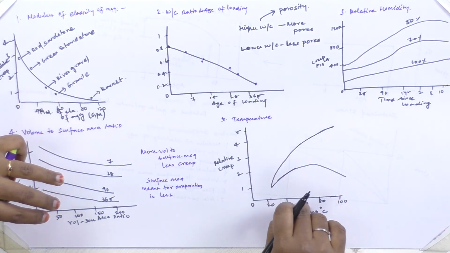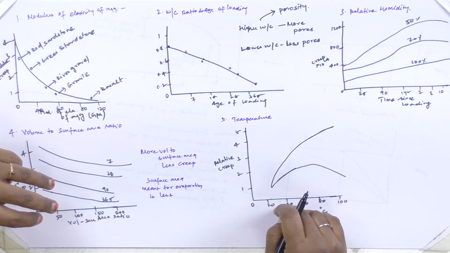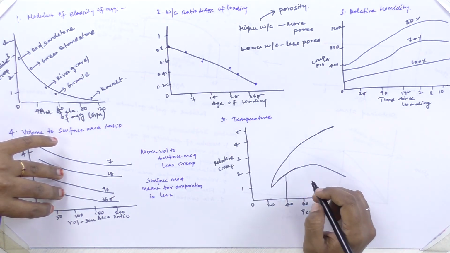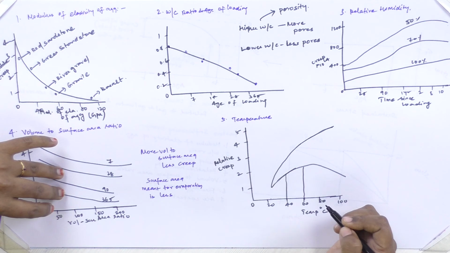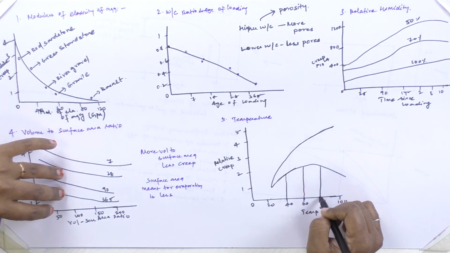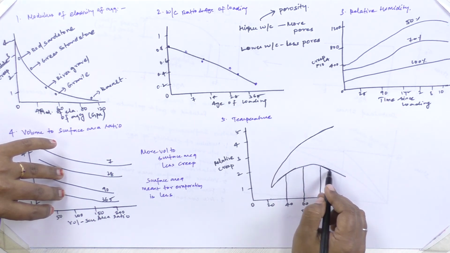If I am curing and applying load at 40 degrees Celsius, then my creep will be somewhat in this manner. At 60 degrees it will be here, and nearing 80 I am having a drop in my curve.